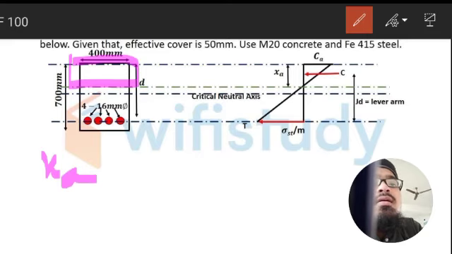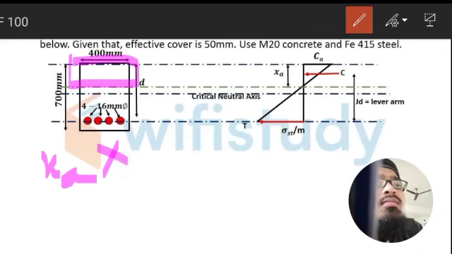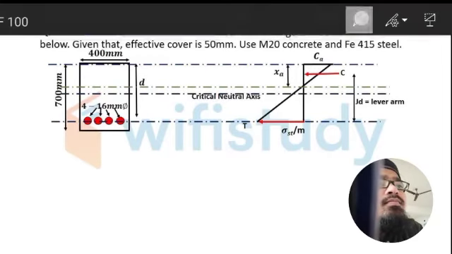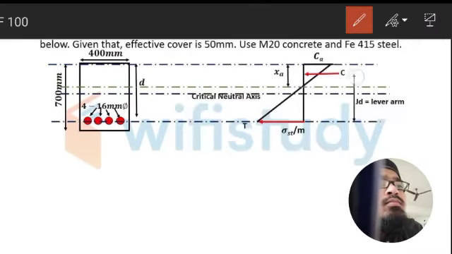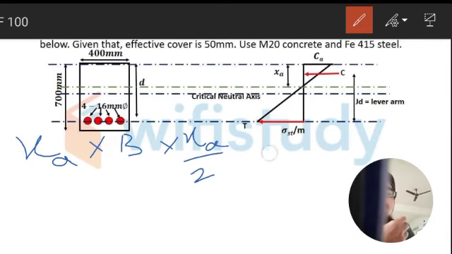XA into B, this is the area, and the center of gravity lies at XA by 2. This is the left hand side, and this will be equal to the right hand side. What is the right hand side? Moment of area in tension.